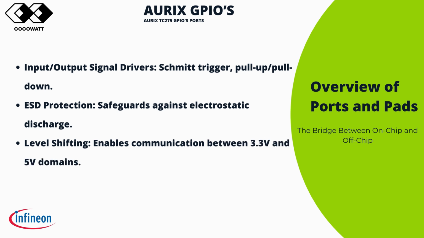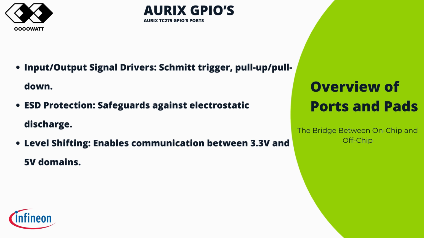These shape the incoming and outgoing signals using Schmitt trigger, pull up and pull down resistors, and adjustable signal rise and fall times. They also provide electrostatic discharge protection. This protects the microcontroller from unwanted voltage spikes or electrostatic discharge during operation. They also provide level shifting.